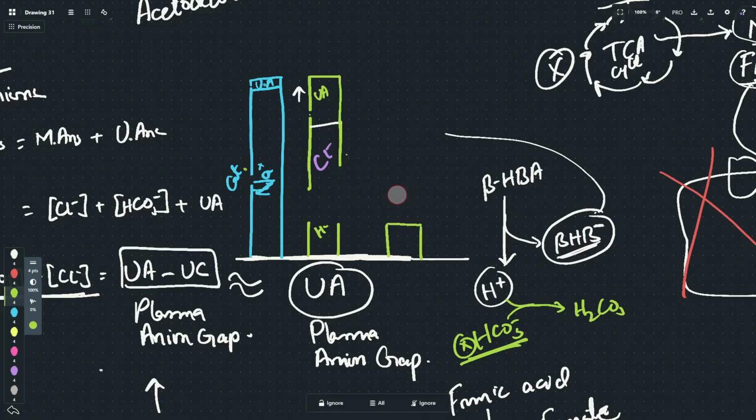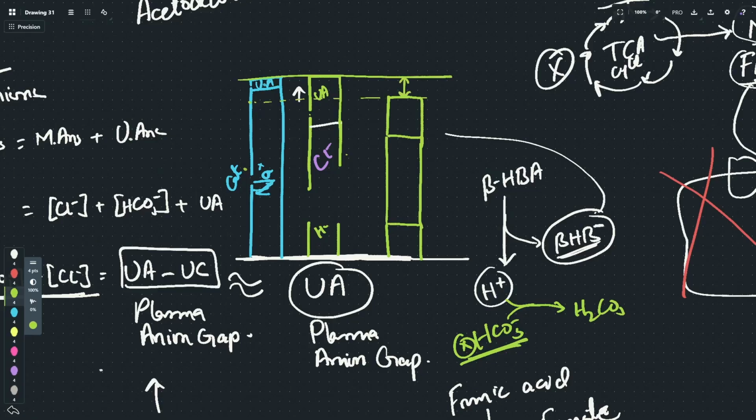Of course, a decrease in bicarbonate means metabolic acidosis. Then the unmeasured anion is not rising, it is stable. So chloride, let's suppose, stays there, and unmeasured anion is not high, then in comparison to the cations we have this actual real gap.